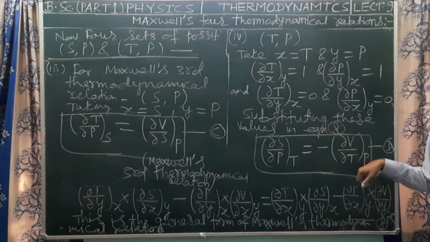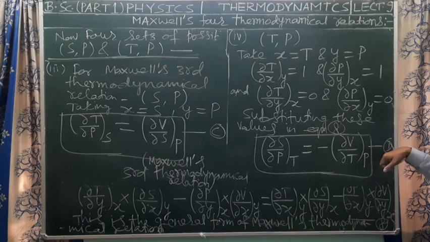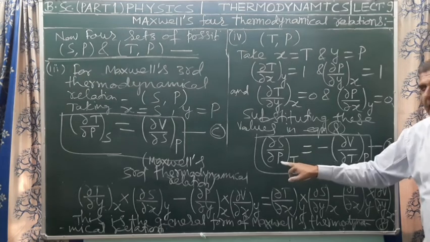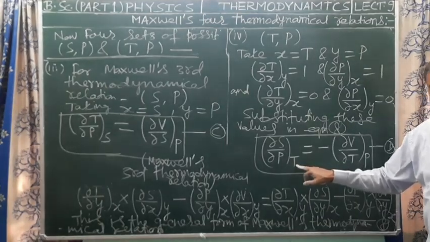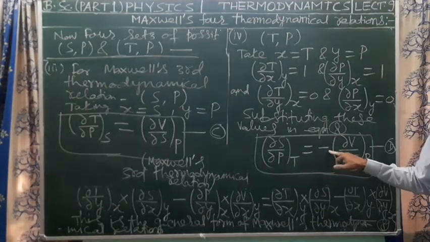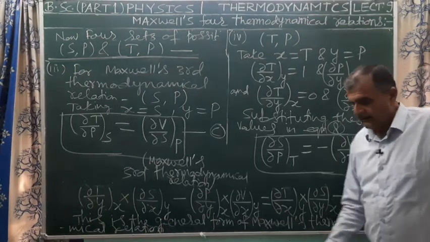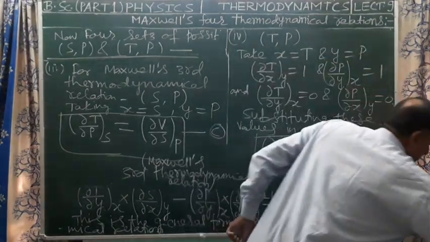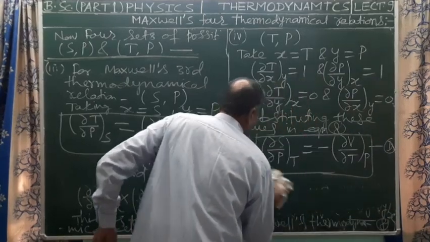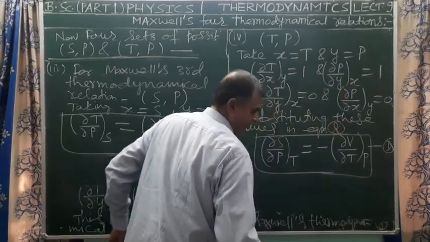We have obtained the final and fourth Maxwell thermodynamical relation, which is del S upon del P at constant temperature T equals minus del V upon del T at constant pressure P, and it is Maxwell's fourth thermodynamical relation, which is the final relation.